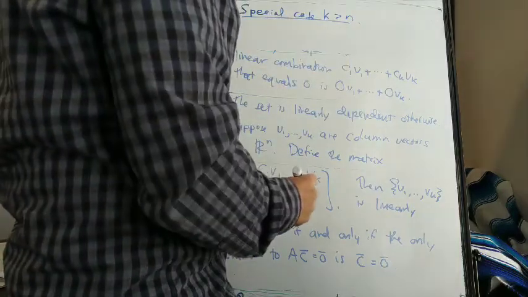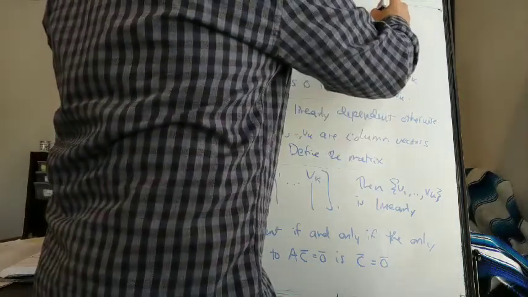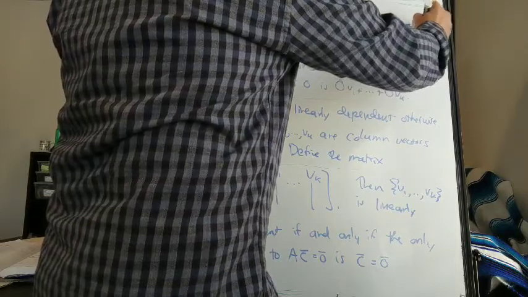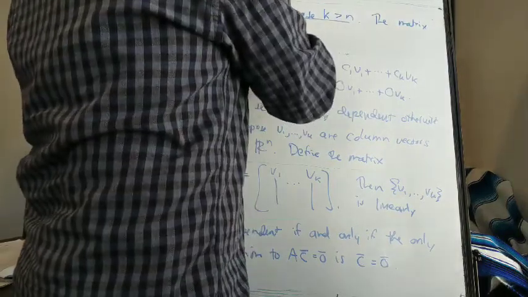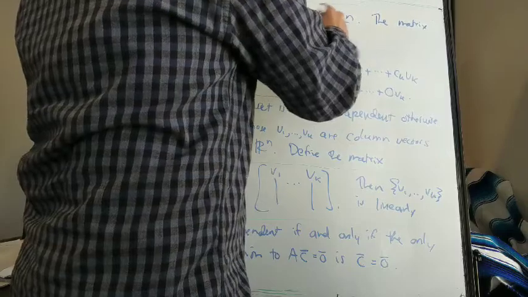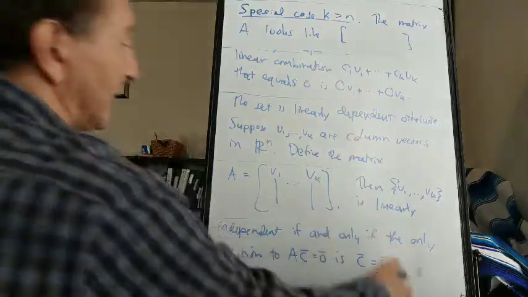If k is greater than n, that means that the matrix A looks something like that. It's much wider than it is tall.